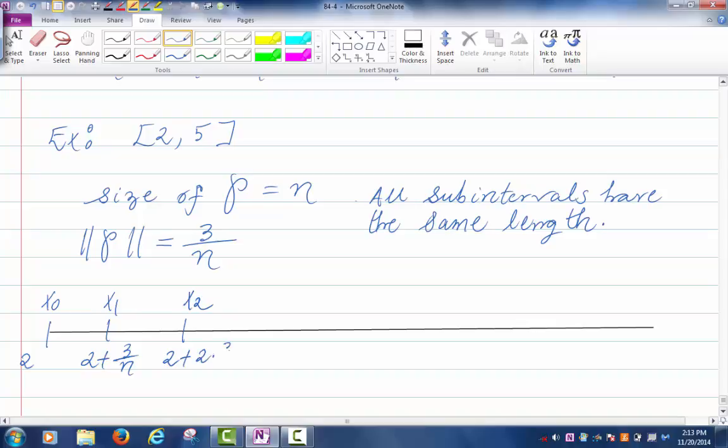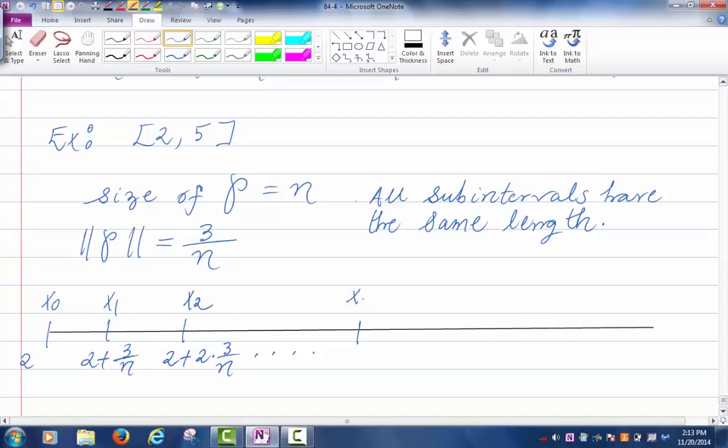Yeah, 2 times 3 over n, or 6 over n, right? Twice the length. It will be twice the length away from 2, right? What would be the next one? Well, let me not do the next one. Let me just go directly to the ith one.